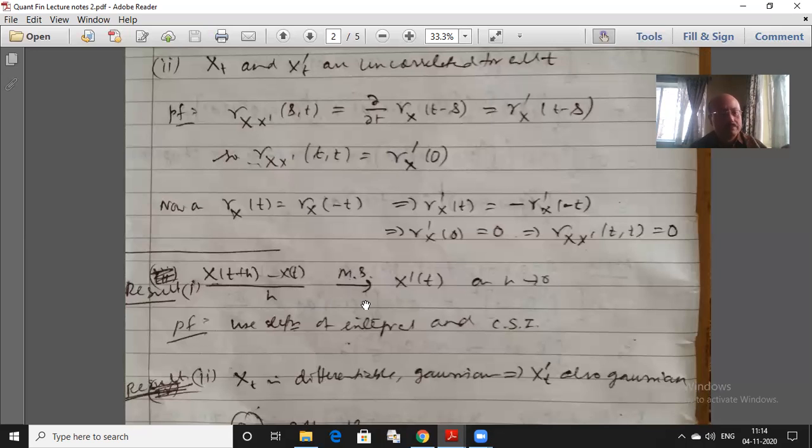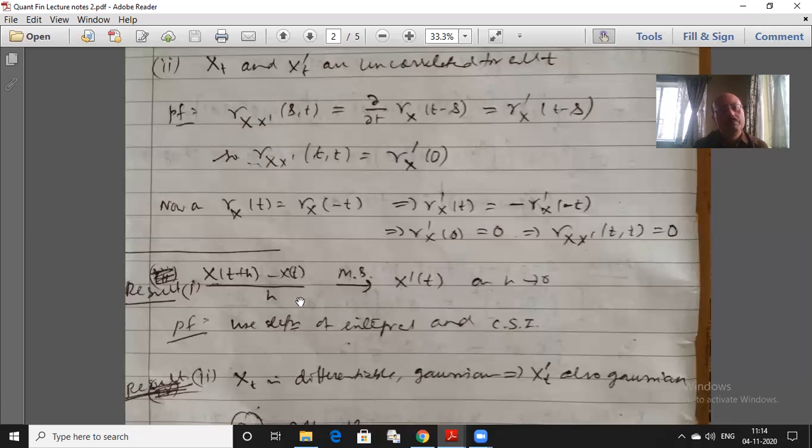Again, I'm not giving details of the proof, but the proof will use the definition of the integral, because the integral again is like a sum, and it will also use the Cauchy-Schwarz inequality. Remember that x prime is actually the integral of some y, defined through that integral process, that x is the integral of x prime.